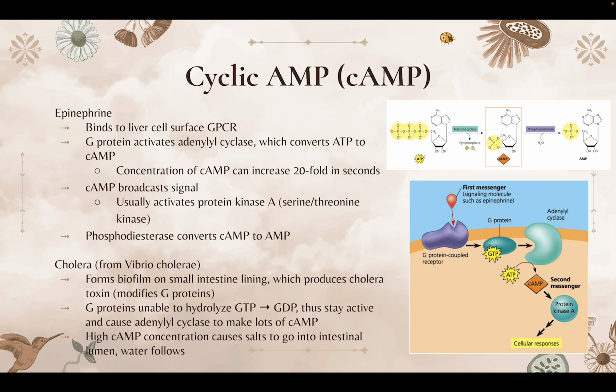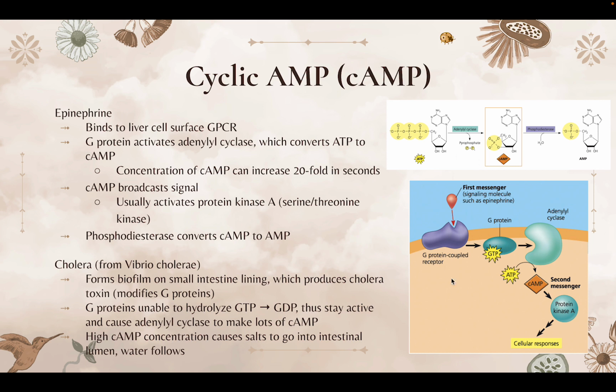So let's talk about cyclic AMP with an example with epinephrine. Epinephrine or adrenaline is going to bind to a GPCR on the surface of a liver cell. That activates adenylyl cyclase, which converts ATP to cyclic AMP. And cyclic AMP can increase like 20-fold in seconds. So obviously your cell is working very hard.